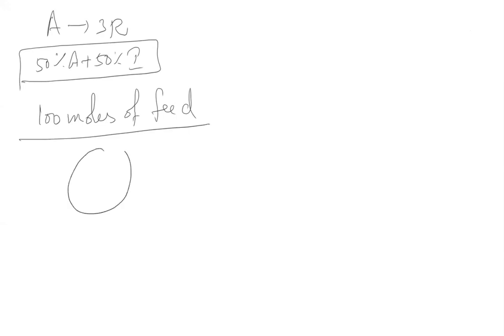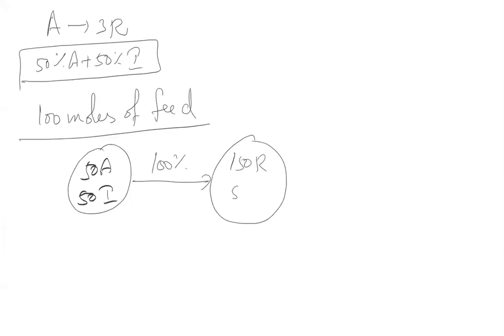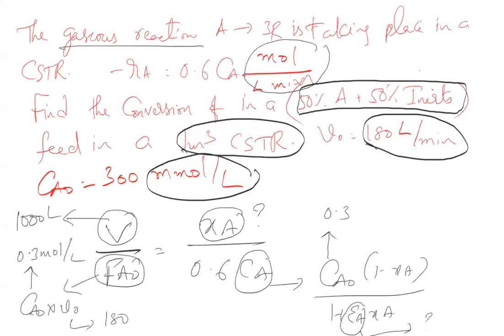Then what does it contain? 50 A and 50 inerts, which converts 100% to, let's say, 150 R, and the 50 inerts will remain as they are. What is EA? If you take 100 moles, you are forming, let's say, 200 moles. 200 minus 100 divided by 100, which is 1.